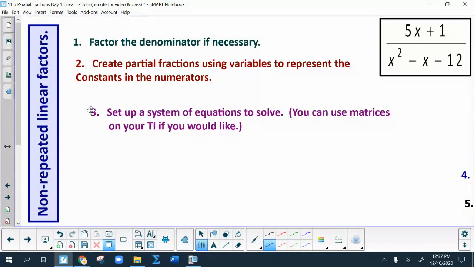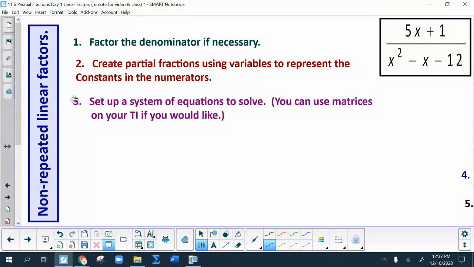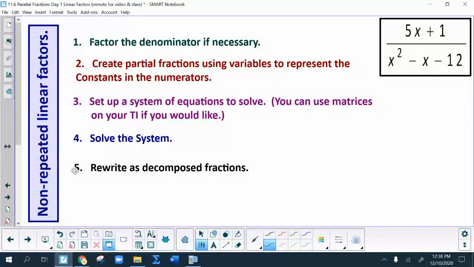Step 3, set up a system of equations to solve. And then you can also use matrices on your TI, and I'll remind you how to do that as well. And then number 4, solve the system, whether it's on the TI or by hand. And then number 5, make sure you actually rewrite the problem.